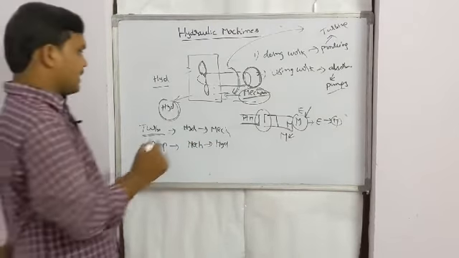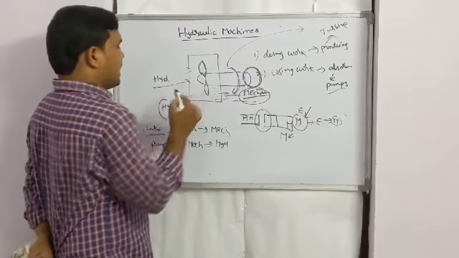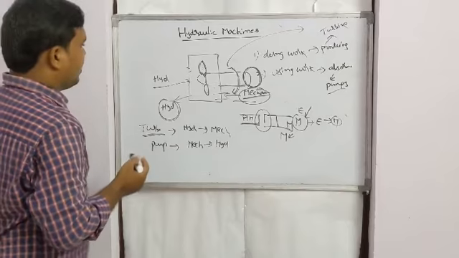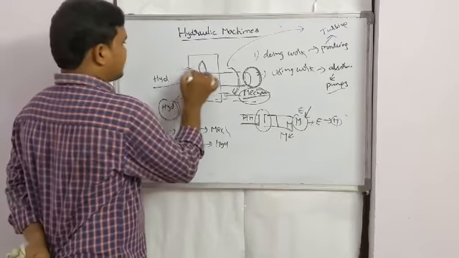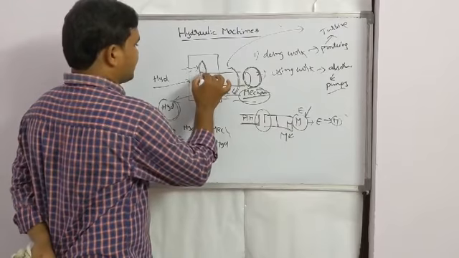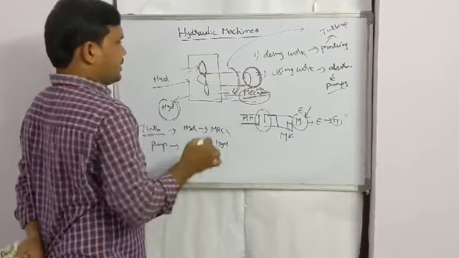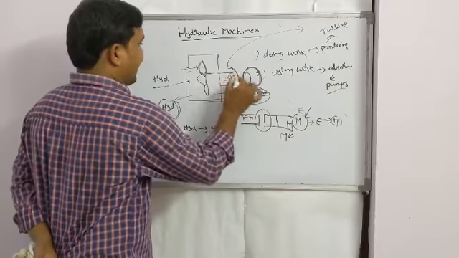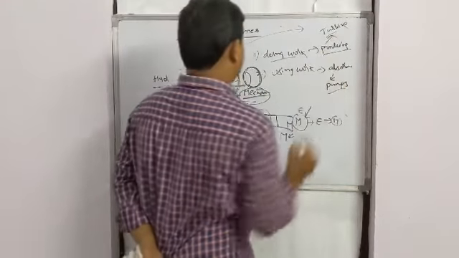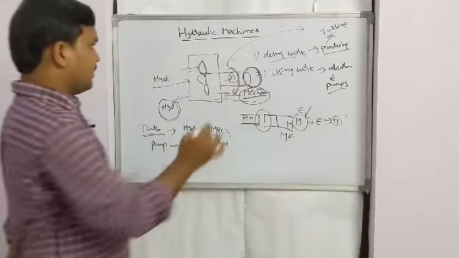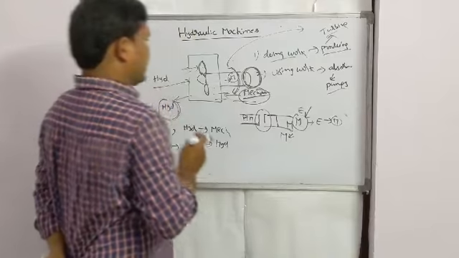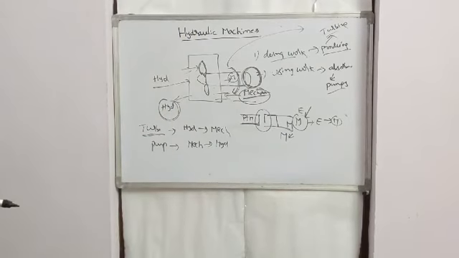So in the turbine, if you supply the hydraulic energy through the nozzle or any jet, when it strikes this blade, the blade moves. Due to the moving of this blade, the shaft will rotate. So here we are extracting mechanical energy, means we are producing work, and that is called a turbine. This shaft we connect to the generator for producing electrical energy.